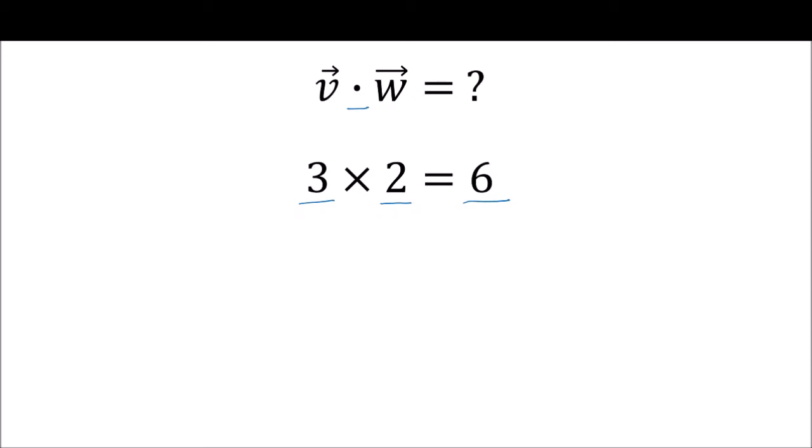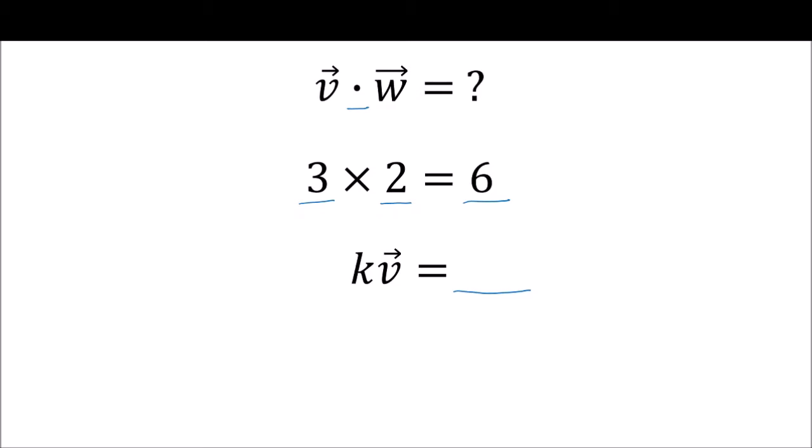But think about when we multiplied a scalar with a vector. So for example, k times v, where k is the scalar, v is the vector. Well, what was the result of that? K times v, well, the result was another vector, right? A stretched or shrunk version of the original vector v.